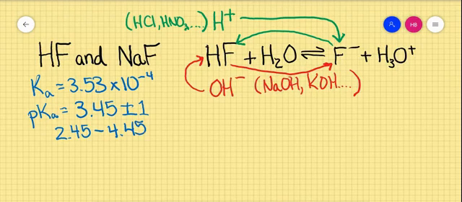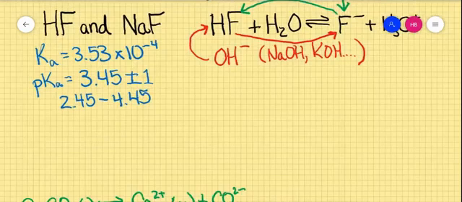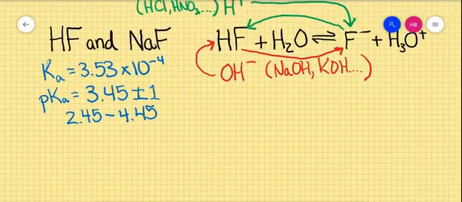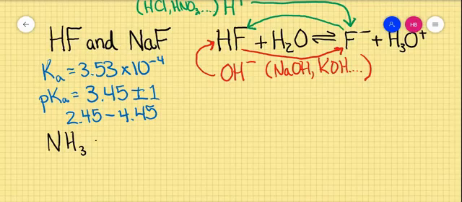That's how acidic buffer solutions work. Now let's talk about basic buffer solutions. Those would be made from a weak base and a salt of its conjugate acid. So NH3 will act like a base and accept a proton, which is an H plus. So NH4 plus, or the ammonium ion, would be its conjugate acid.